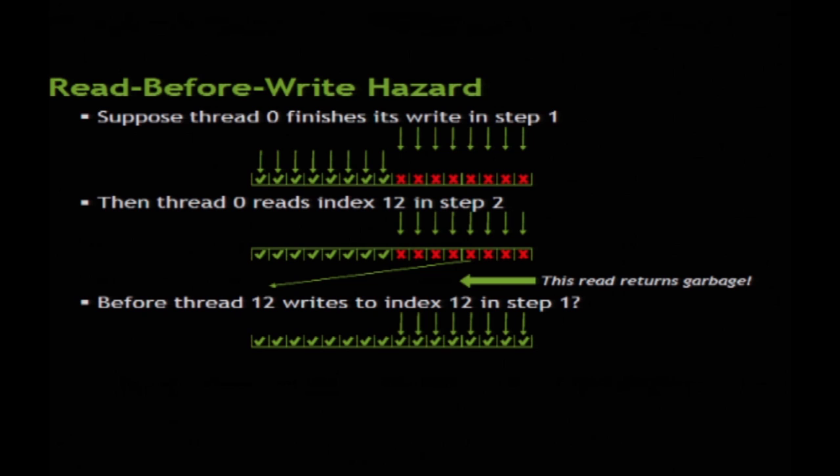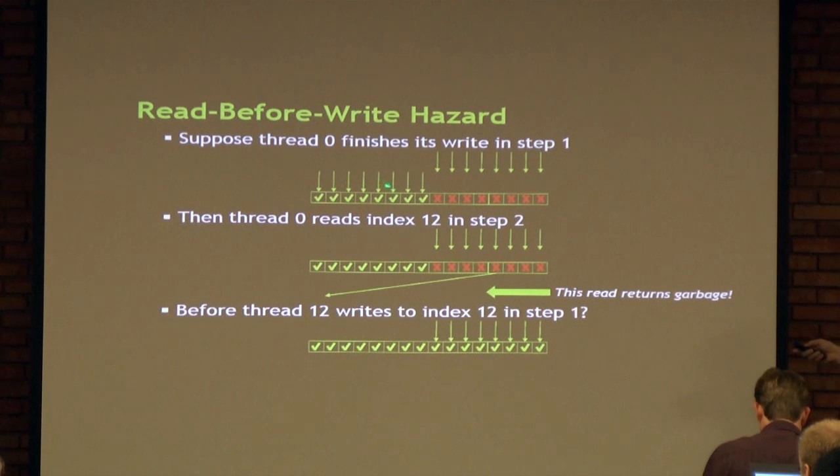Because if you look at this, say block 1, and remember you have no guarantees of any block ordering here, so just because 0 is before 1 in a numerical sense doesn't mean it gets scheduled first. It might get scheduled last. One of the things you have to worry about is whether the threads finish writing in step 1. Thread 0 finishes its write step before everyone else, and then when it goes in to start doing the sum, it actually uses old trash data and does your summation that way.